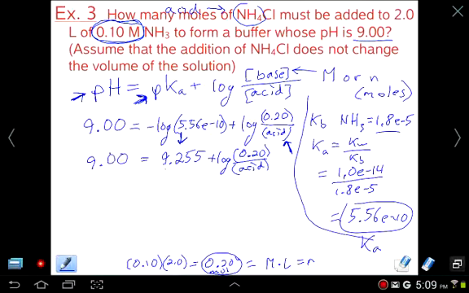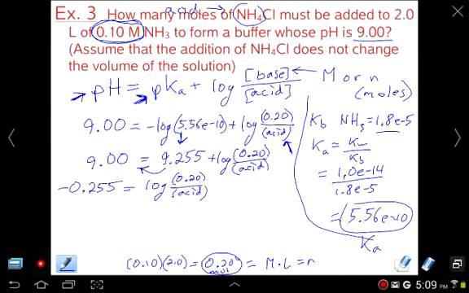Let's go ahead and move this 9.25 over to the left side by subtracting, and that will give us negative 0.255 will equal log of base 0.20 over our acid.